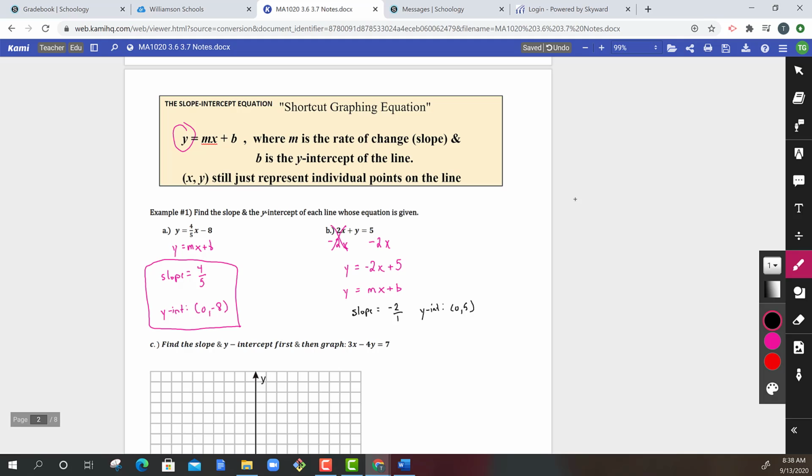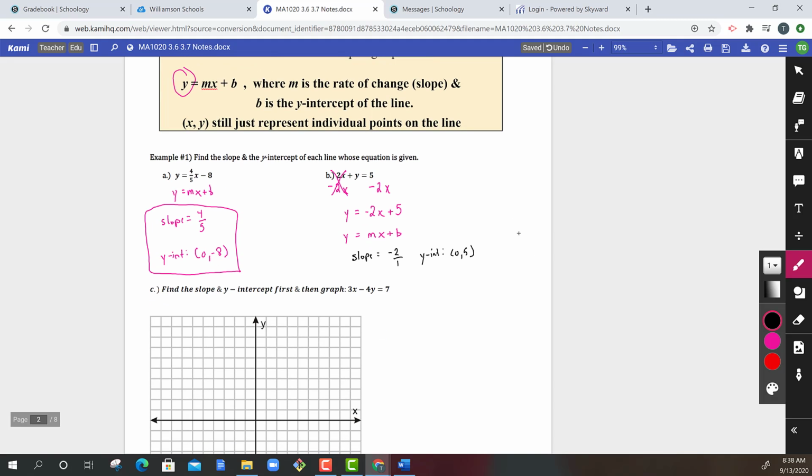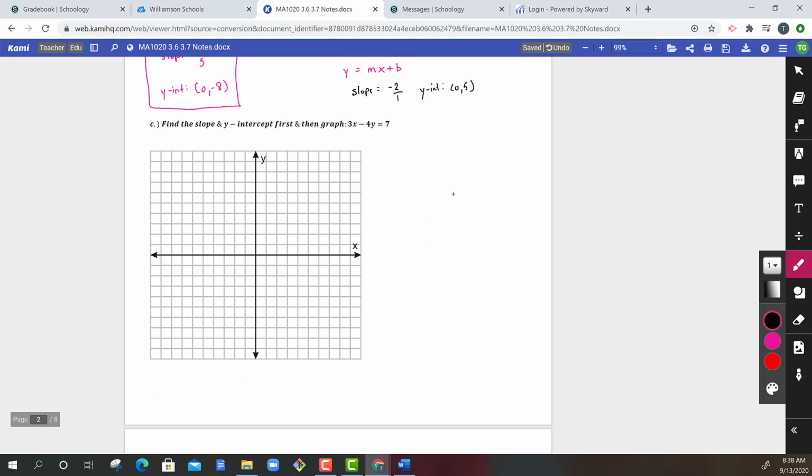So now that we know how to find those two key values, let's use them to graph letter C here. So we could, of course, graph this using intercepts or a t-chart, but we're going to focus on graphing it in slope-intercept form. So we need to isolate y first.